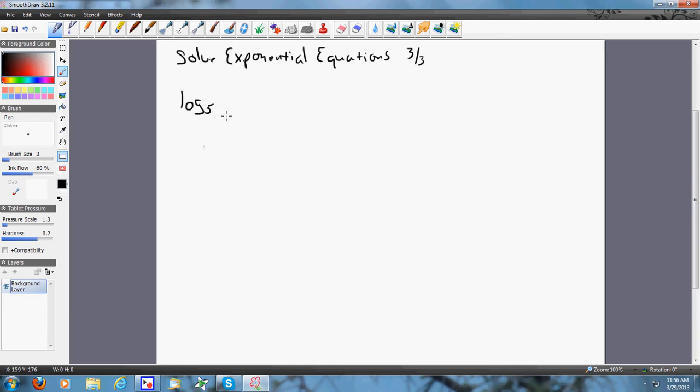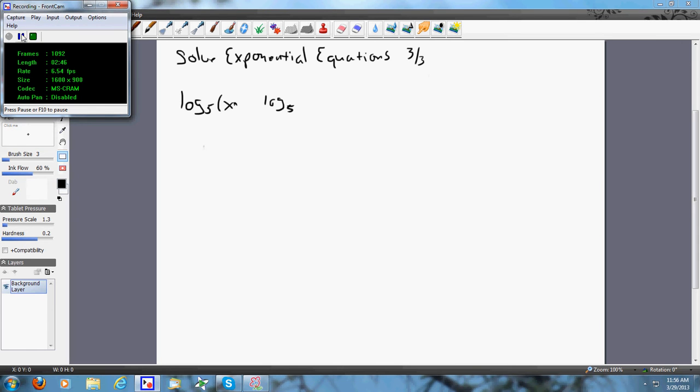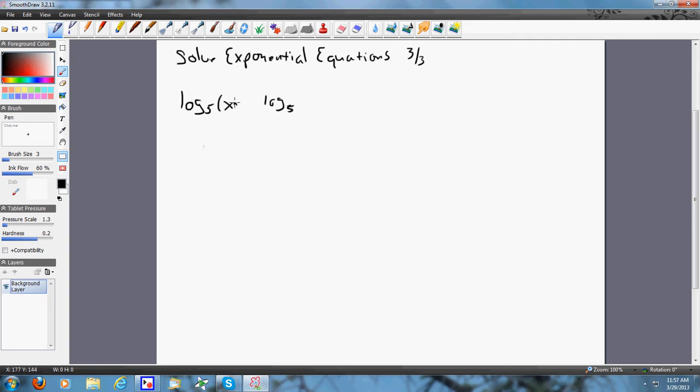Let's see, I had it here before. Log base 5 of x plus 1 minus log base 5 of x minus 1 is equal to 2.